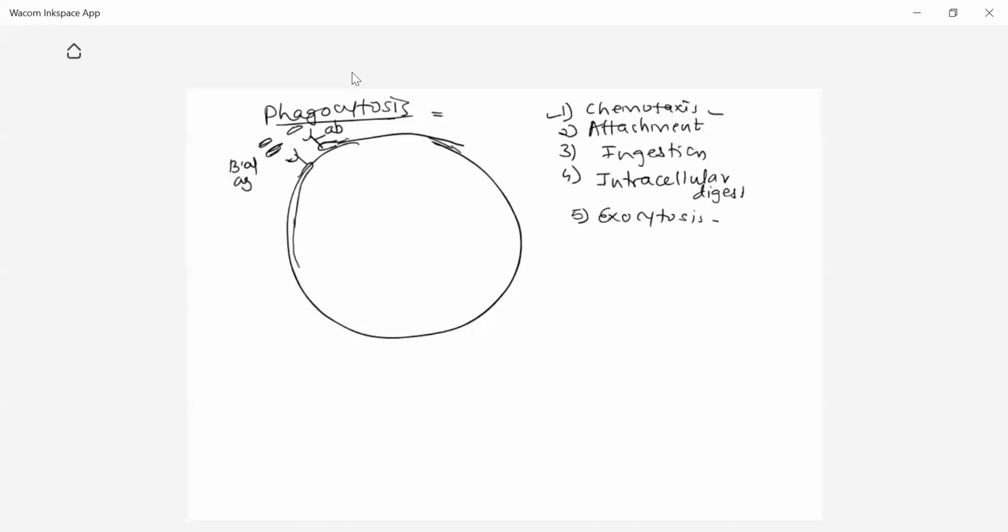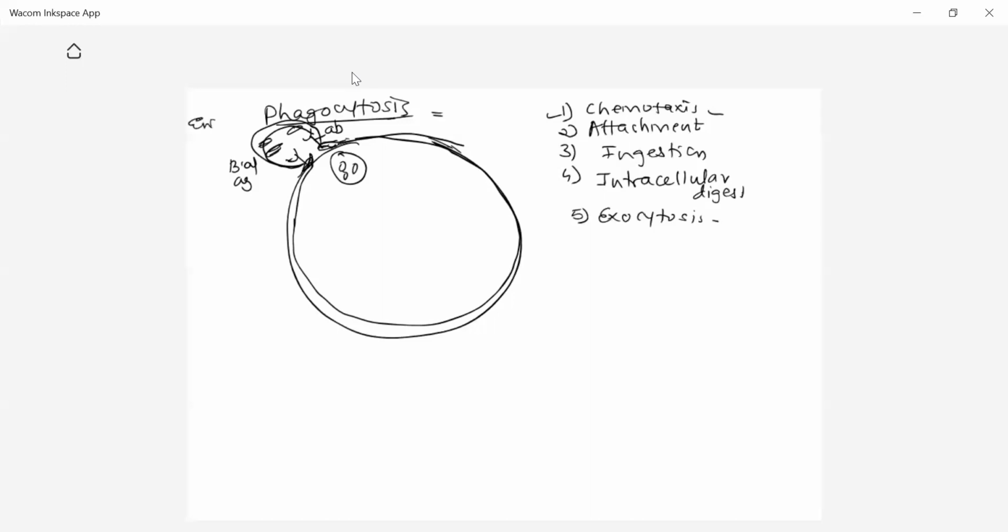This is the double wall of the phagocytic cell, not actually a WBC, it may be a macrophage. There is formation of pseudopodia. These pseudopodia grow and engulf that foreign material. The antigen enters the cytoplasm by the process of endocytosis.